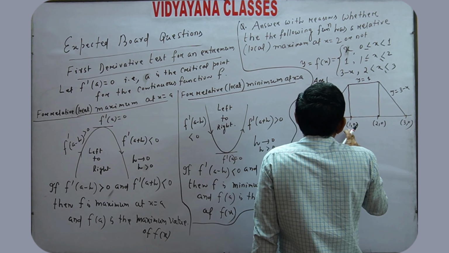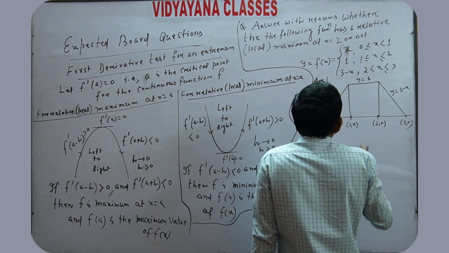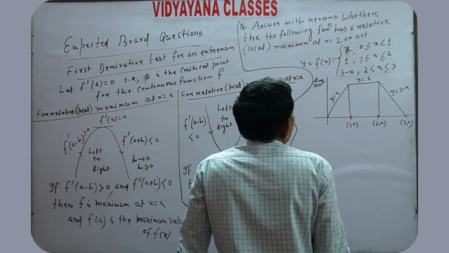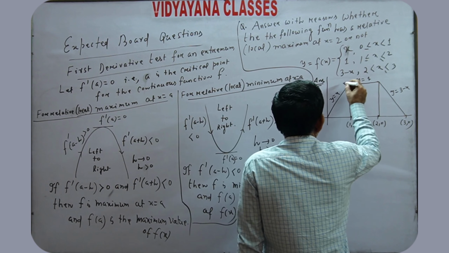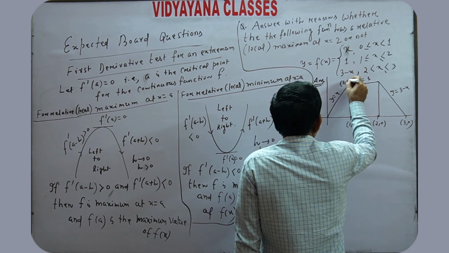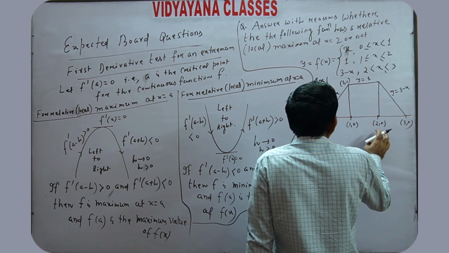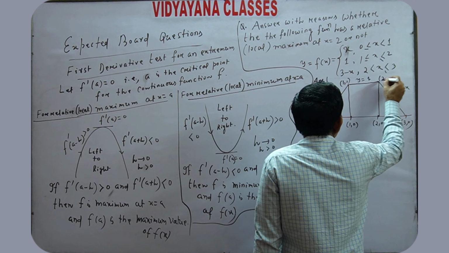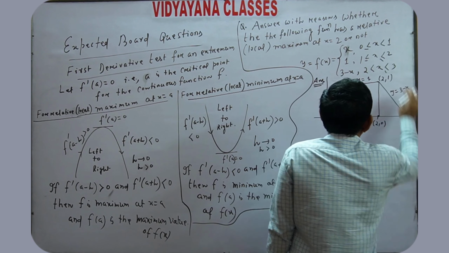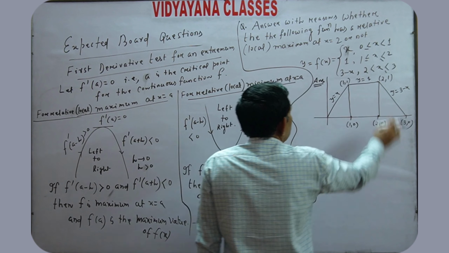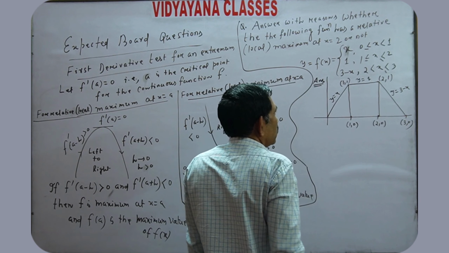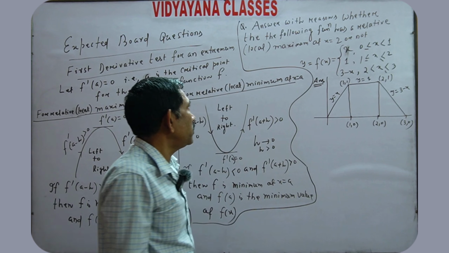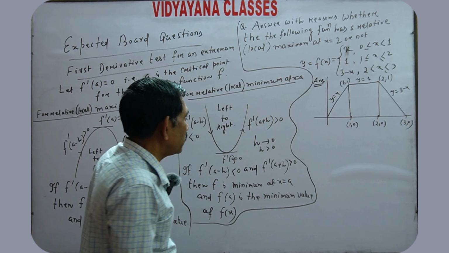At x = 1, y = 1, so the point is (1, 1). At x = 2, y = 1, so the point is (2, 1). Clear? It is the graph of the given function.